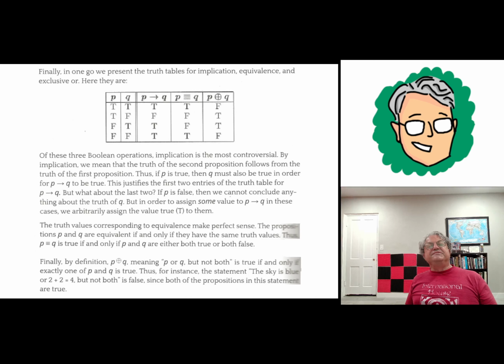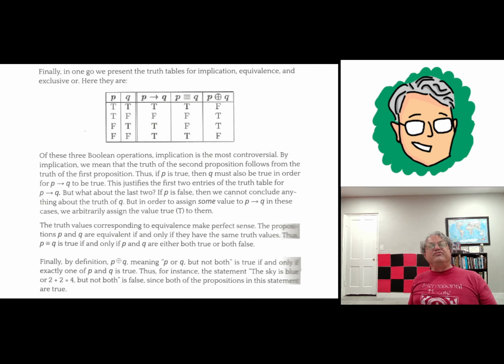So, for instance, if P is true and Q is false, it's true. If P is false and Q is true, it's true. But in the case of regular or, if P and Q are both true, then P or Q is true. Here we're saying exclusive or, which means P or Q, but not both. And sometimes people do use "or" in this context.